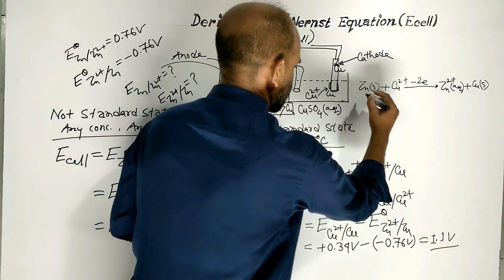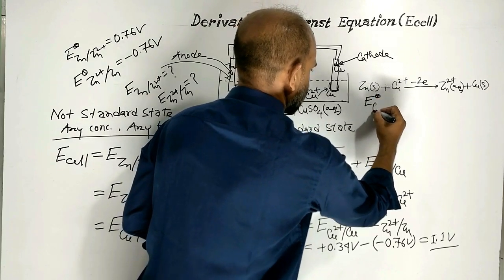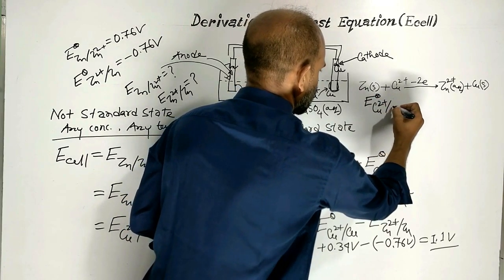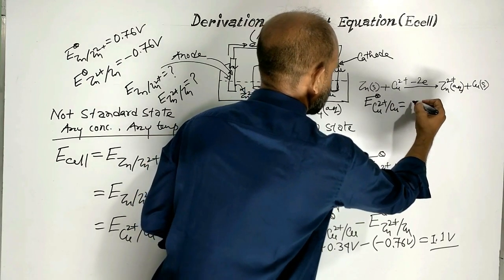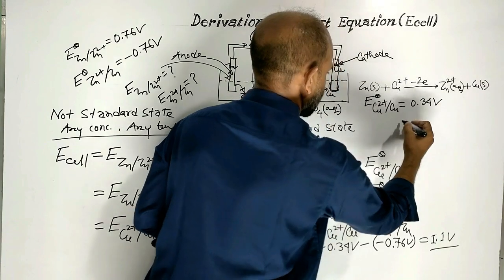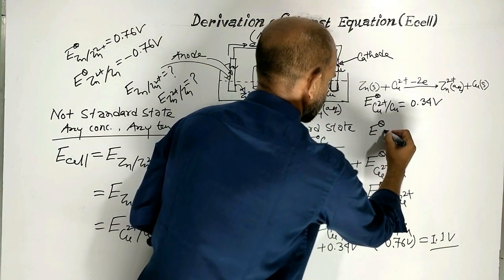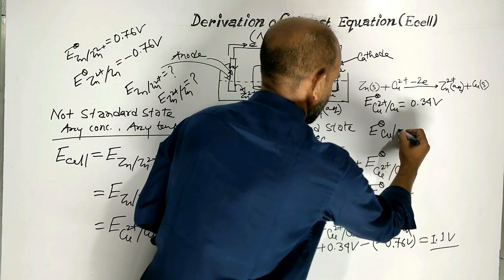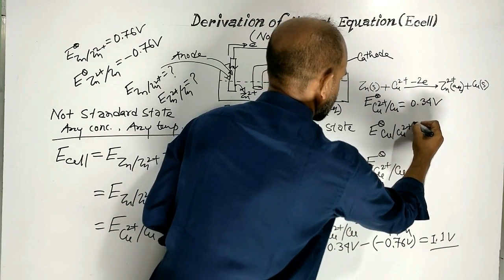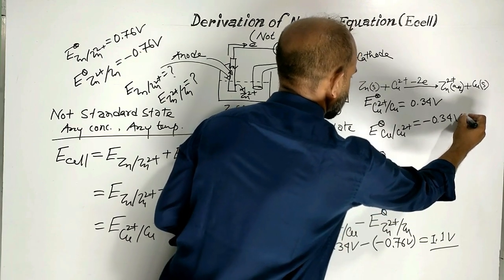Similarly, here, if it is in standard state, then reduction potential is known, which is plus 0.34 volt, and standard state oxidation potential is known, minus 0.34 volt.